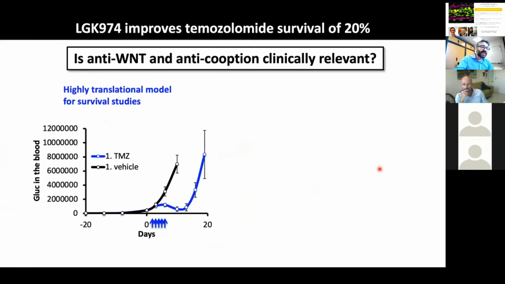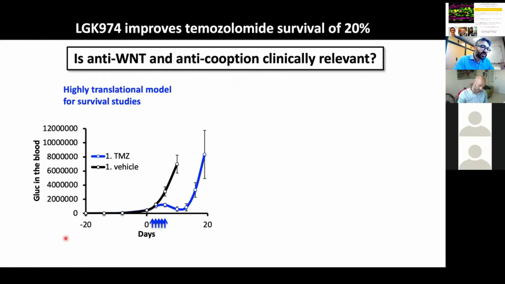Then the next point was to say, okay, if we are able to stop vessel co-option, are we also able to improve survival a little bit? Because for now, vessel co-option could be completely independent of survival and tumor growth. So in this case, we implanted these MGG8 cells again in new mice, immunocompromised, because we are talking about patient-derived cells.